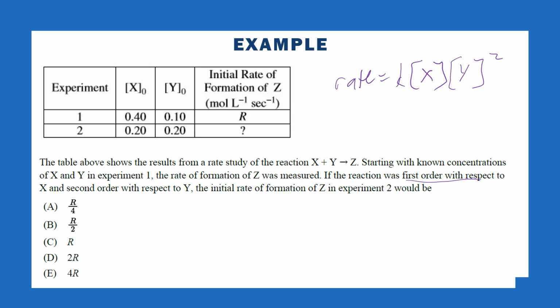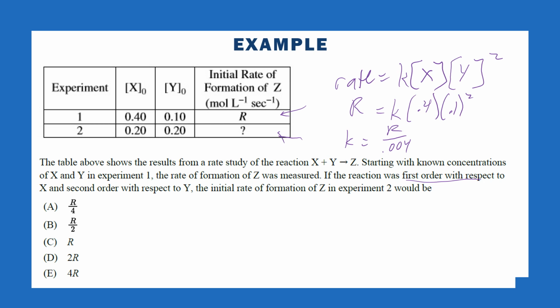So what you could do is plug in the values and solve for K. In the first experiment, rate is R, K we don't know, X is 0.4, Y is 0.1, and we're going to square that. So if I solve, I get 0.004, and then I move it over, so K is equal to R over 0.004.